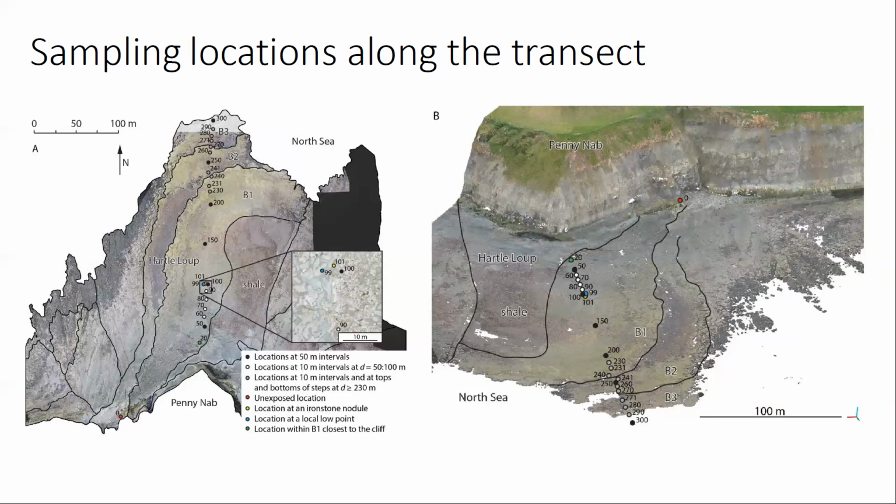I am going to mention it again, but we sampled at the highest point within a 3-meter radius of the ideal location. So at that distance of 100 meters, we took additional samples from a low point and from an ironstone nodule.